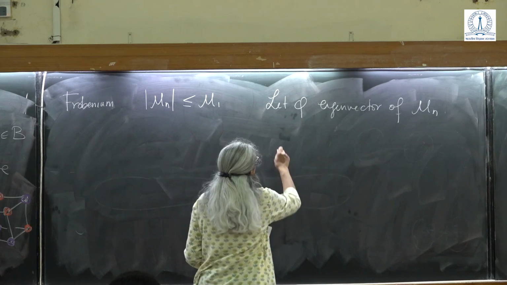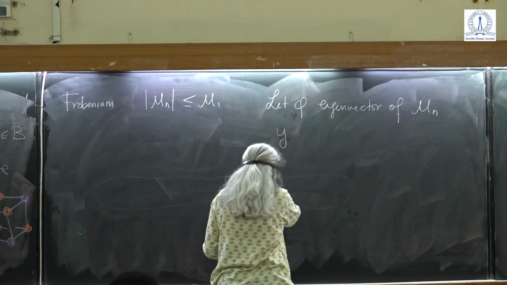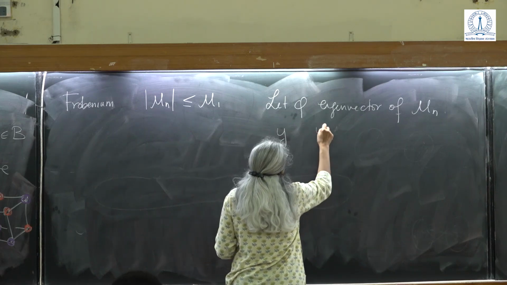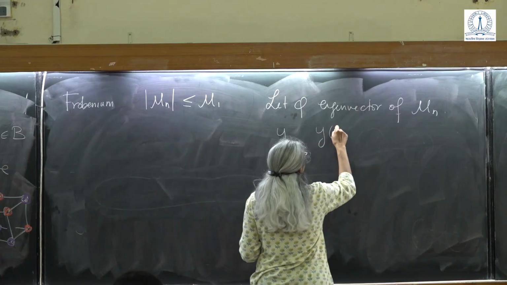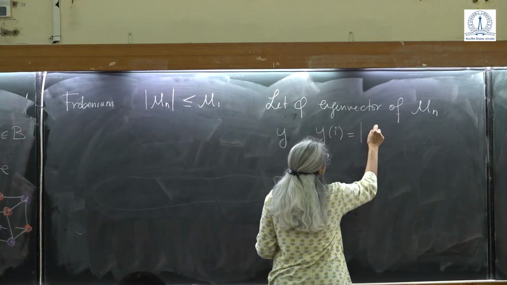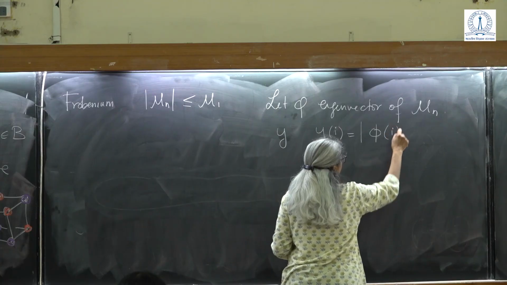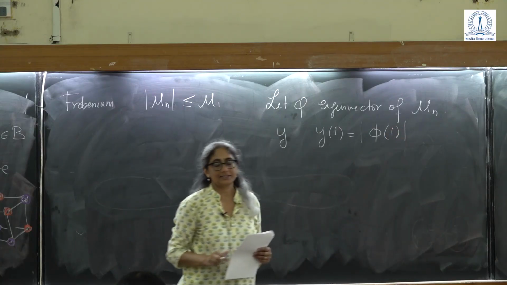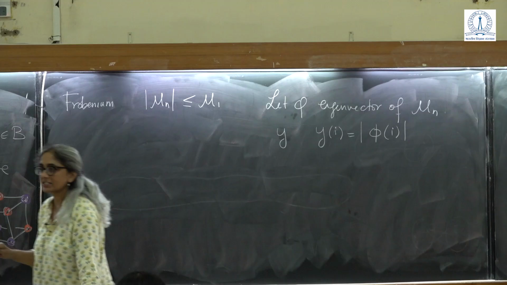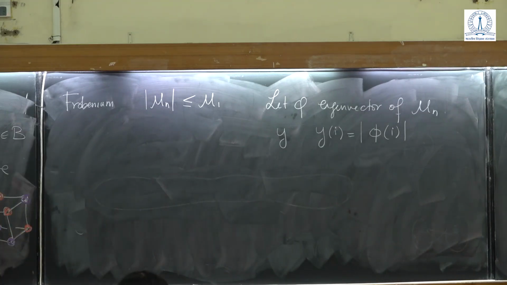So I'm going to define a new vector y, and this y is defined so that yi is the absolute value of phi i. So take the phi vector and just flip the sign on all the coordinates, and now I have a vector y, which is non-negative.